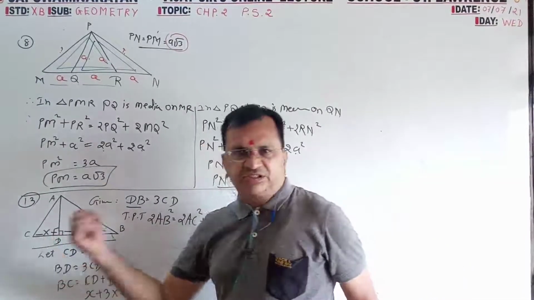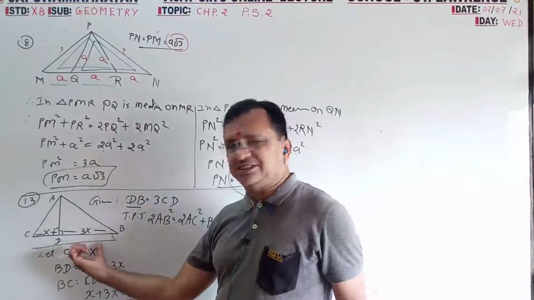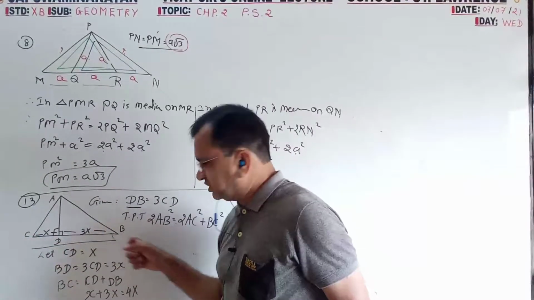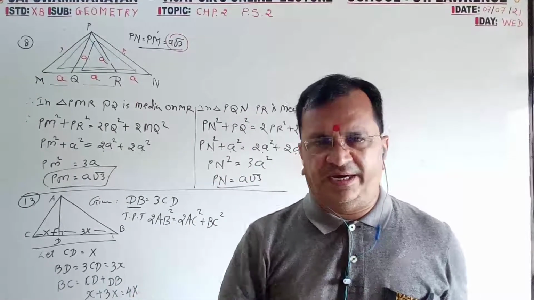This I have considered as X. This is 3 times that. That's why it is 3X. So X plus 3X is 4X. This much should be clear in your mind.